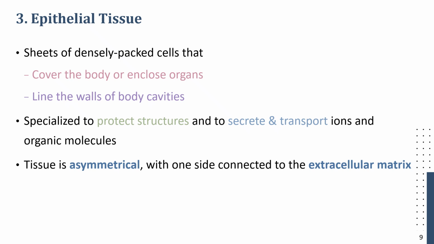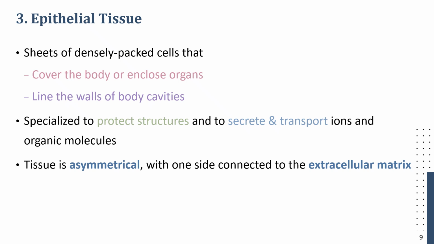Epithelial tissue is asymmetrical, meaning it is different depending on its location. There are different types of tissues that make up any particular organ. One side of it is going to be connected to the extracellular matrix. The extracellular matrix is basically a system of fibers that connects one cell to the other.